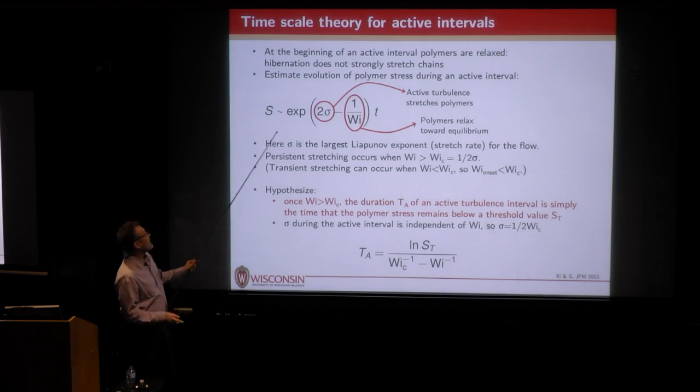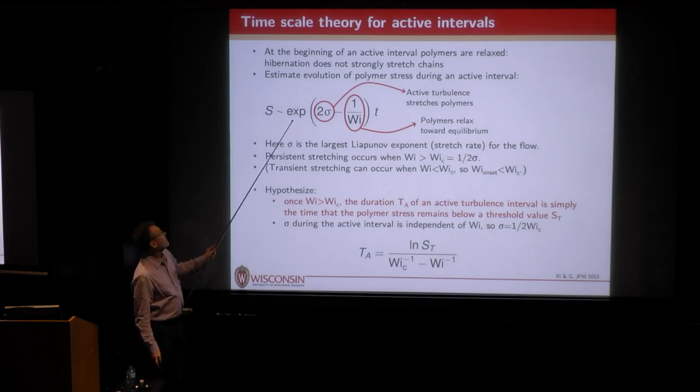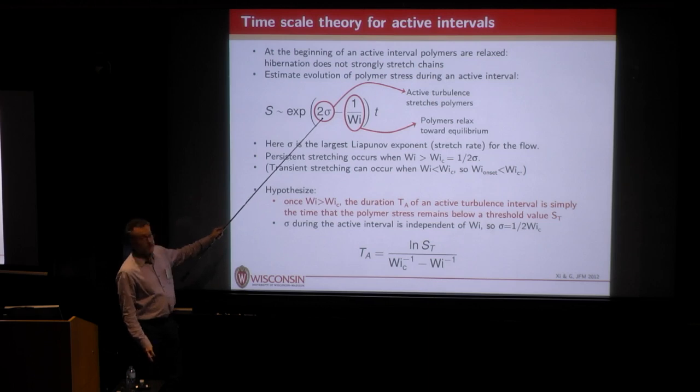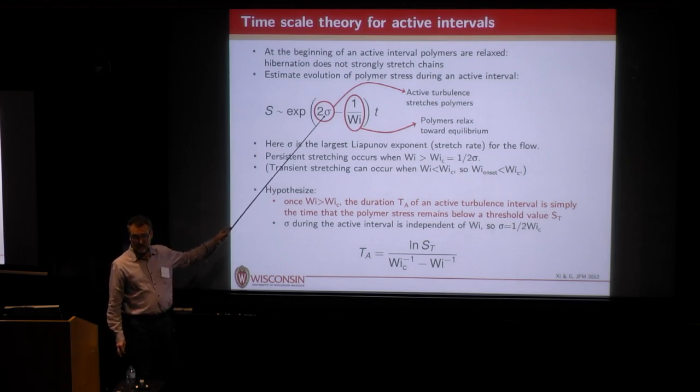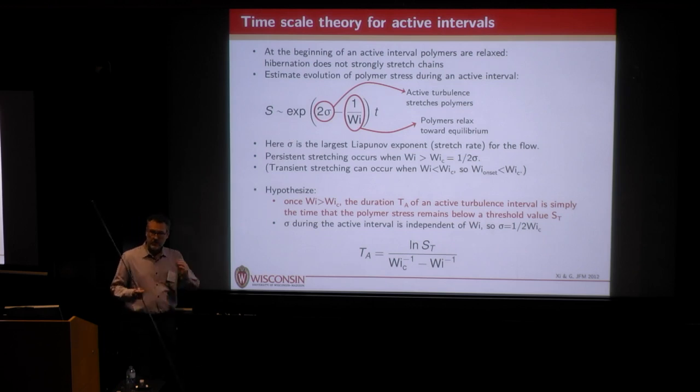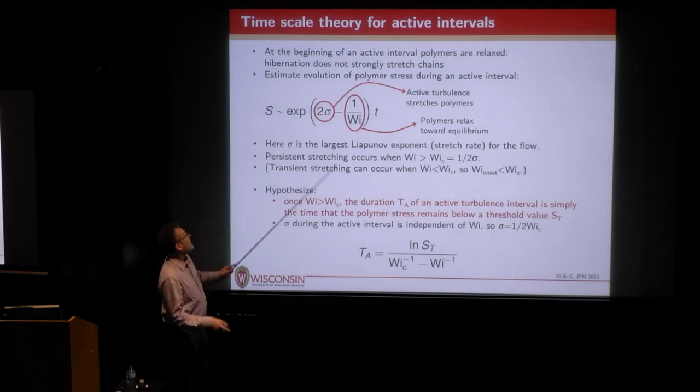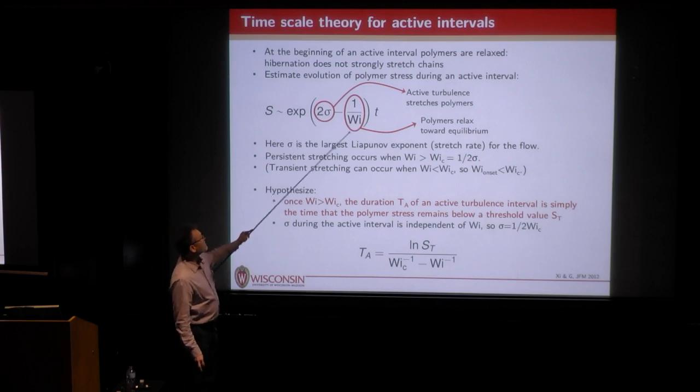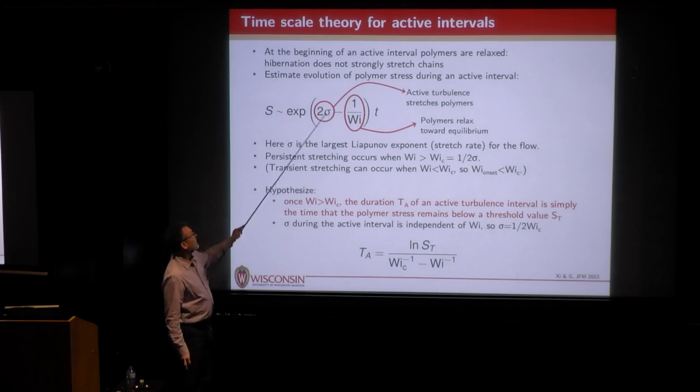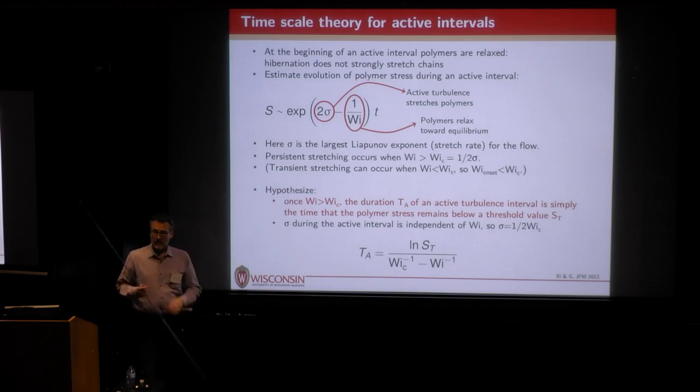The stress, or polymer stretch, will be an exponential function of 2σt, where σ is the largest Lyapunov exponent for the velocity field, the material line stretching rate. The factor of 2 is because stress goes as line length squared. But the polymers are relaxing against the flow, and so what matters is the relative magnitude of those two quantities.